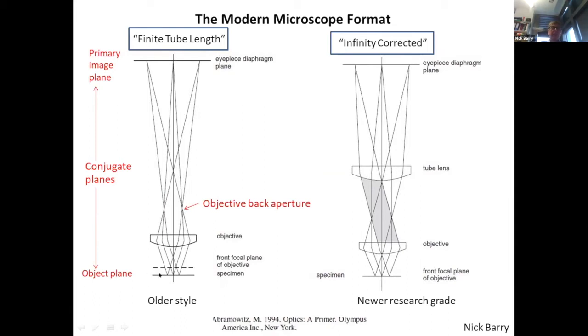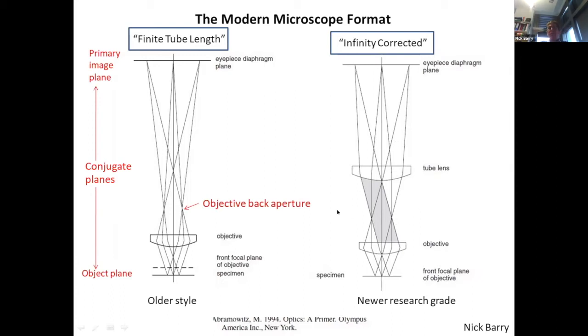So the object plane and the image plane are said to be conjugate to each other. Modern microscopes have this format where the object is placed f away from the objective, so that the light from a point comes out as a collimated ray bundle. And then you have something called the tube lens, which forms the final image at either the eyepiece plane or the camera plane, for example.